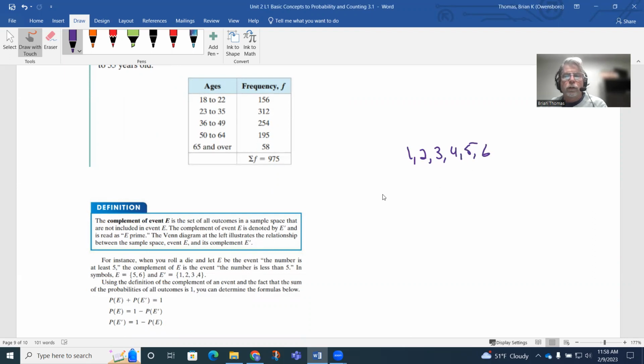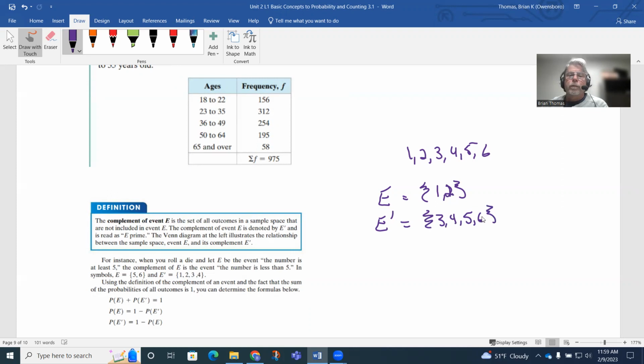What I could say is the event E is the set of 1 and 2. So E prime would be what's not in the original event, which would be the set of 3, 4, 5, and 6.